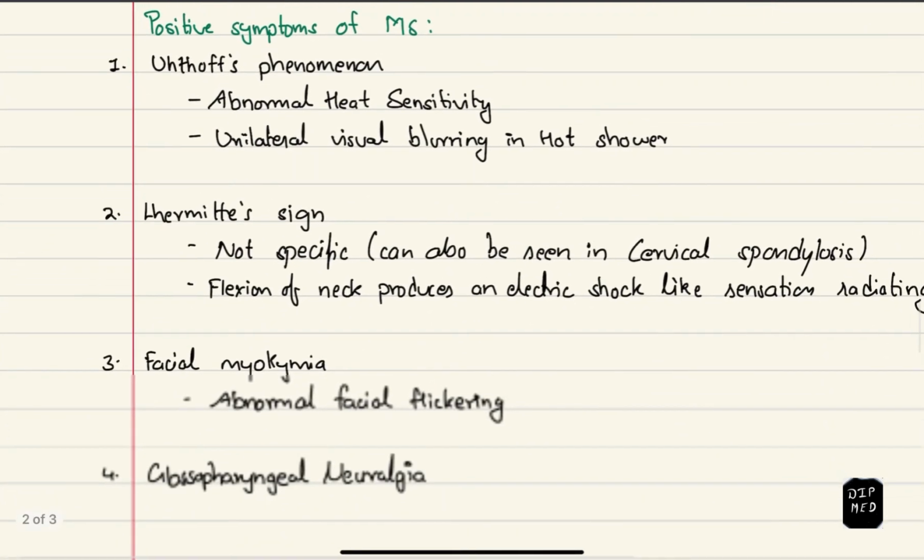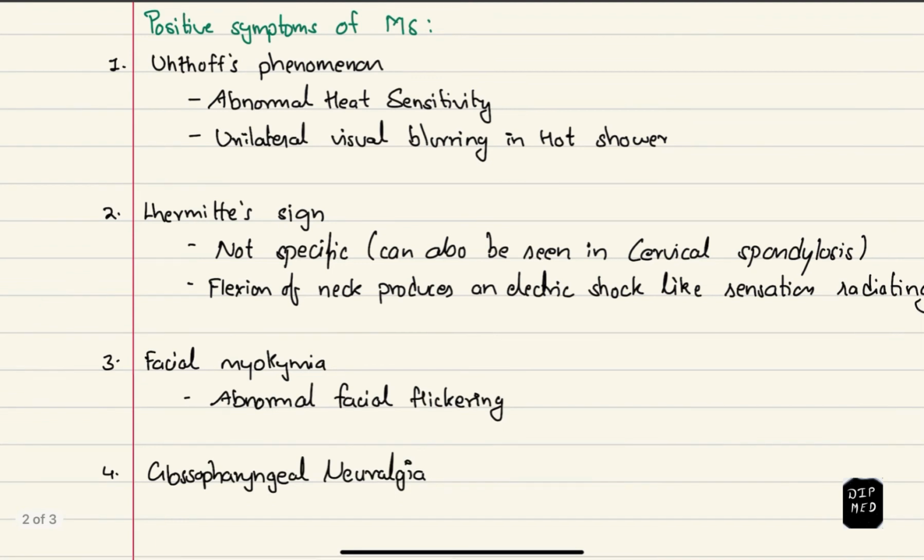Multiple sclerosis can present with some positive symptoms. Let's see what they are. First, there is Uhthoff's phenomenon. It is abnormal heat sensitivity, classically presenting as unilateral visual blurring in a hot shower. Lhermitte sign is not specific to multiple sclerosis. It is also seen in cervical spondylosis.